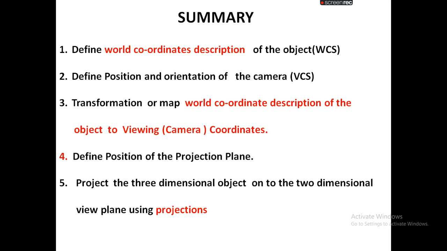In the previous class, I said we can place the projection plane in 3 different places: with respect to the z-axis positive, with respect to the z-axis zero, and with respect to the z-axis negative. Whichever place we choose, that projection plane should be perpendicular to the z-axis of the camera coordinates. So we defined step 4 also.